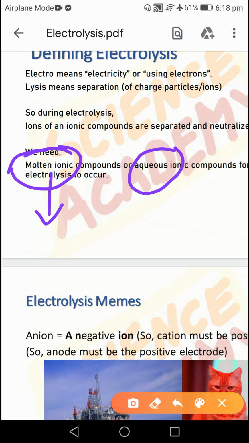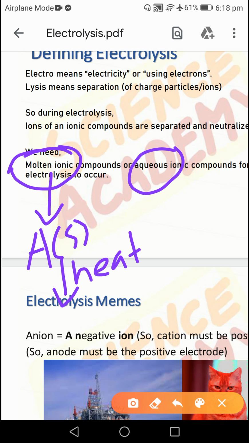Molten state means, for example, the ionic solid A is directly heated to form liquid A. Here the solid is directly heated and then converted to liquid. It's like melting. Molten actually means melting, like when you heat ice and it directly turns into water.